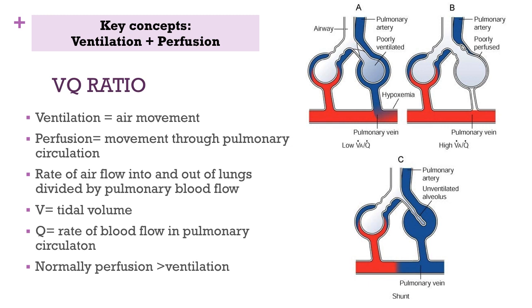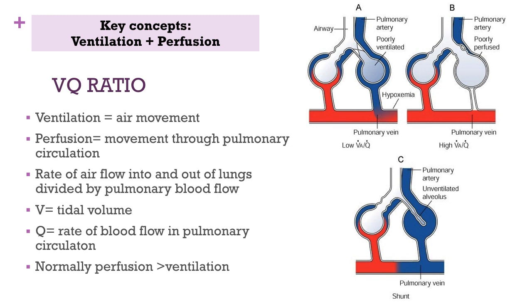The pictures on the right-hand side are looking at a couple of little alveoli, and you can see that the top picture is a low ventilation perfusion ratio versus the other side, which is a high ventilation perfusion ratio.